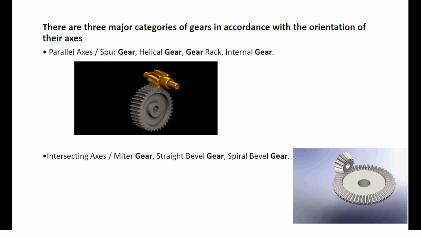So both axes will intersect each other. So these types of gear arrangements use bevel gears and spiral bevel gears. In unit number 4 we have seen the differential gearbox, in which there is one crown wheel. So this is nothing but a bevel gear.